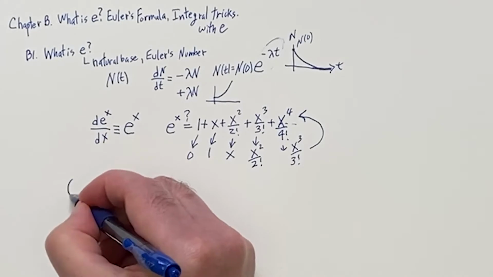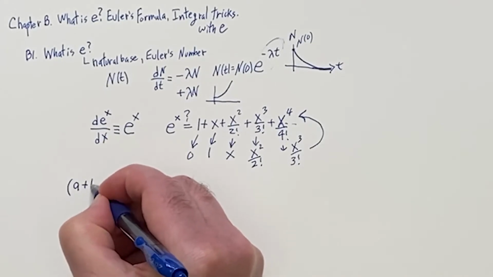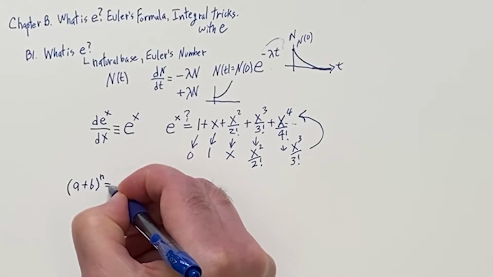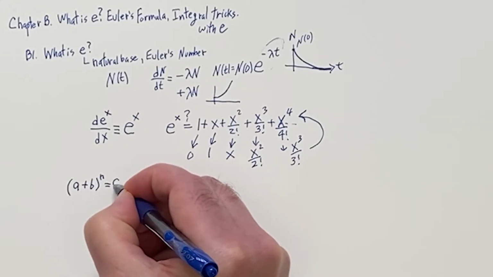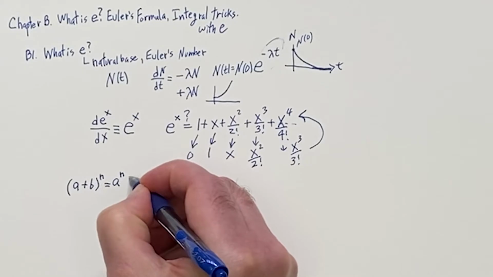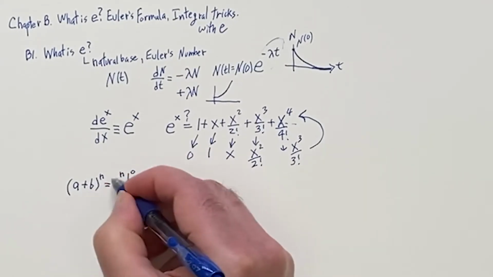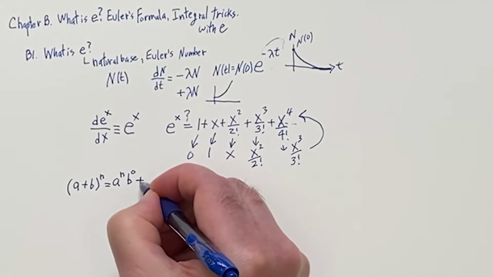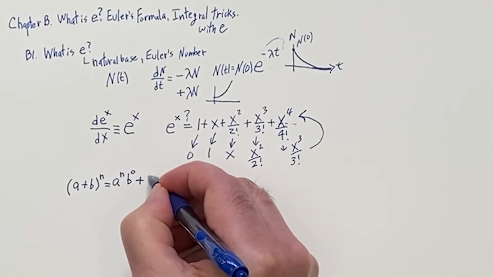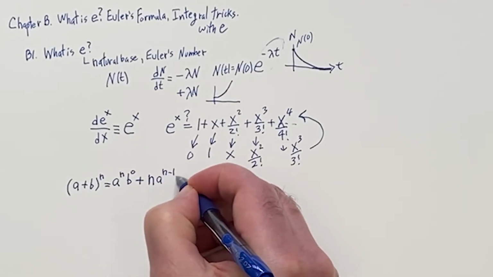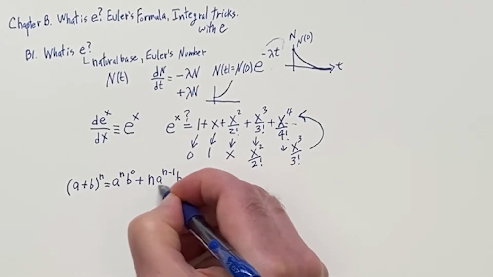Now remember, we did the Pascal triangle, we talked about apples and bananas, and this kind of a definition here. a to the n, b to the 0, picking all apples, there's only one way to do that. And to pick 1 banana, so here you have a to the n minus 1, and then you have b, there's n ways.